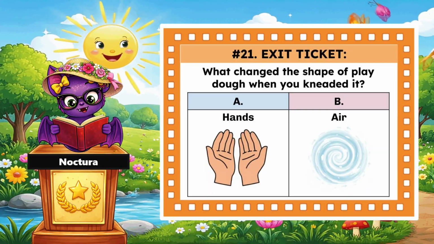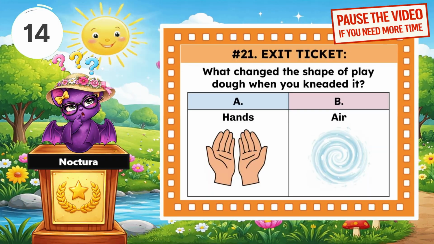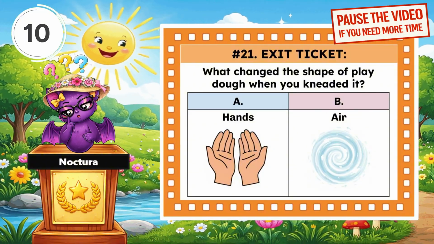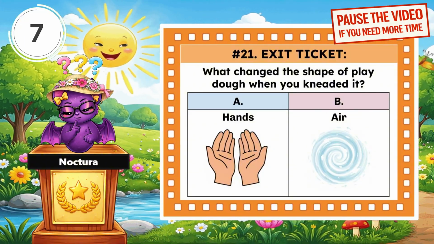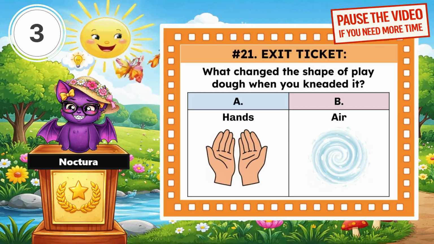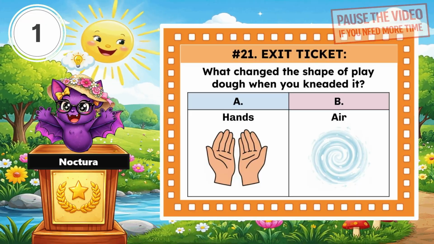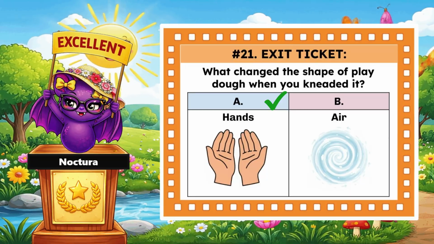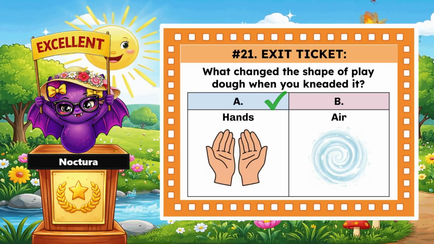What changed the shape of Play-Doh when you kneaded it? And the correct answer is letter A, hands.